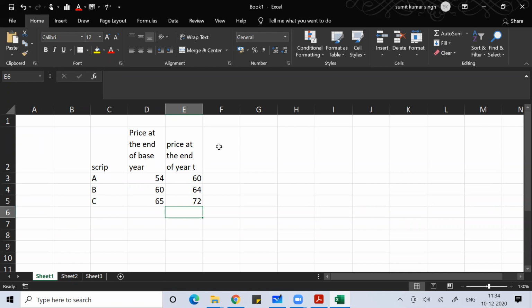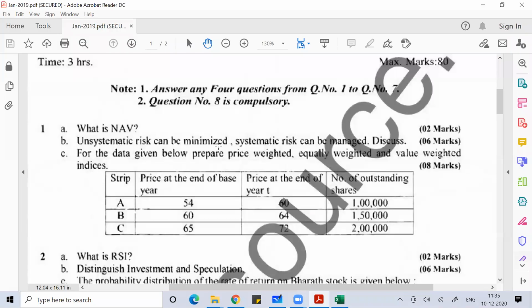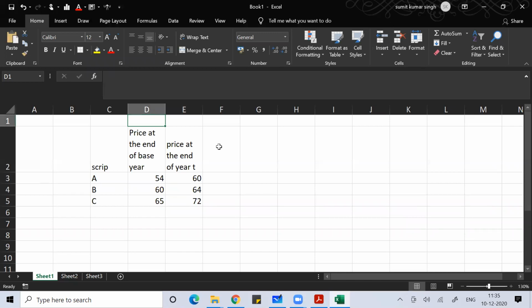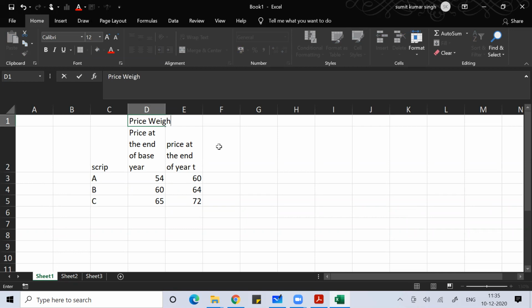So if I'm using the price weighted index number, then I only consider one factor, that is the price. So this is the price weighted index number.